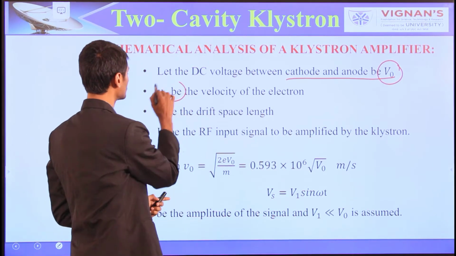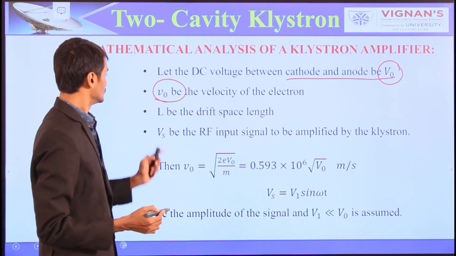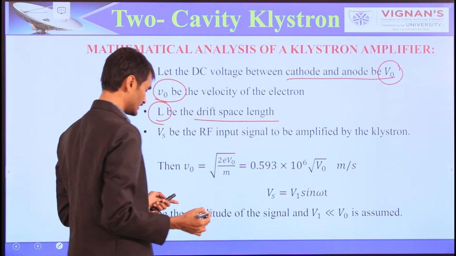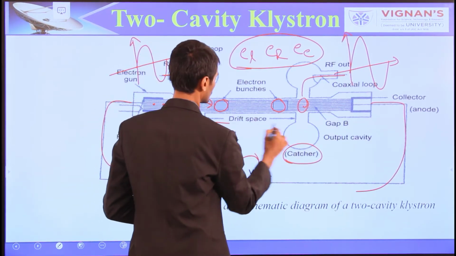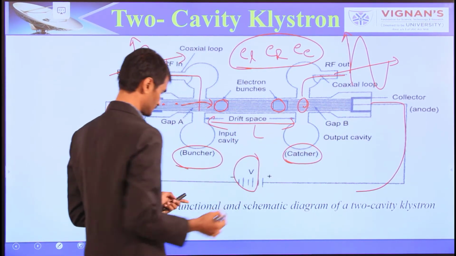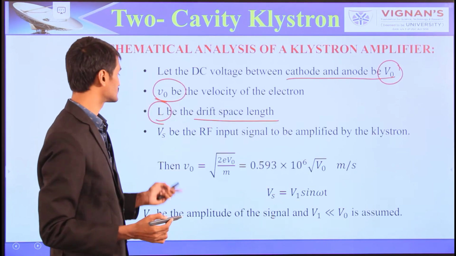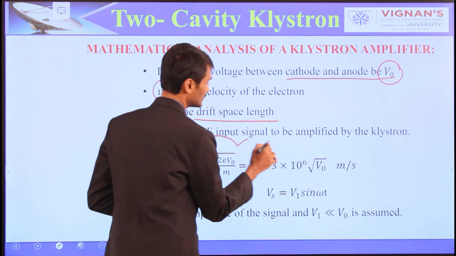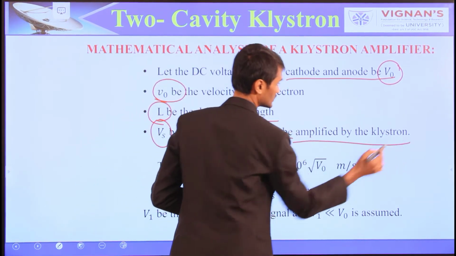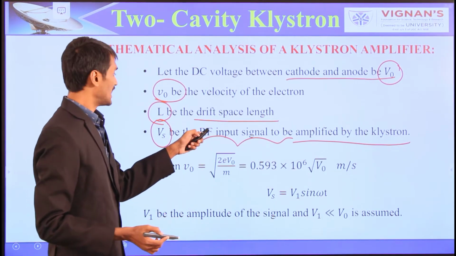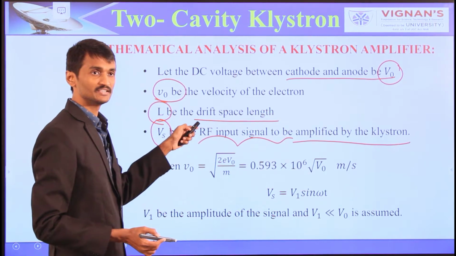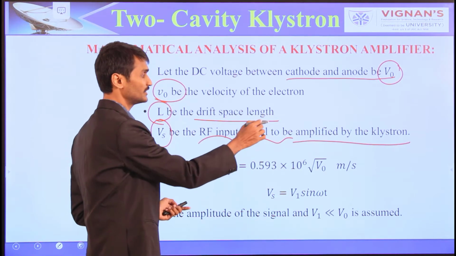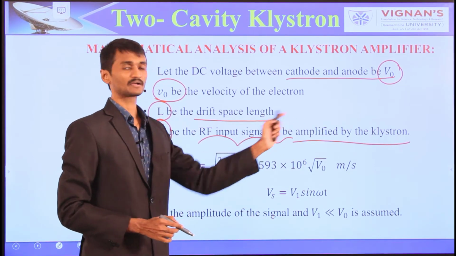Let L be the drift space length, here it is. And Vs be the RF input signal to be amplified by the klystron, which is applied through the input cavity, that is the buncher cavity.